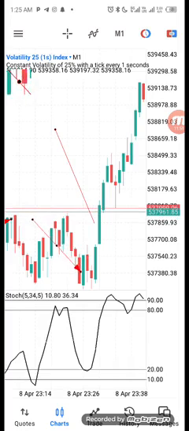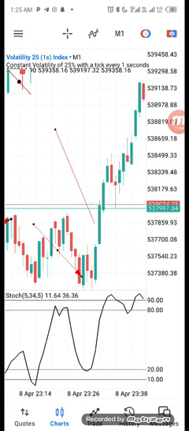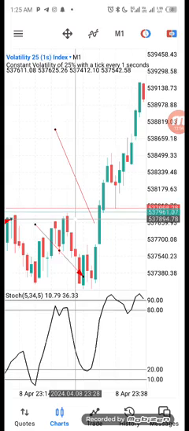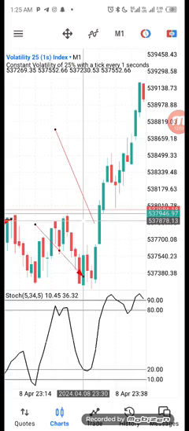Now check either of these two formations, if you have your stochastic line within that region. Can you see? At the time the bullish bar completely engulfs the bearish bar, the stochastic line is touching the 20 level, which is very, very correct.